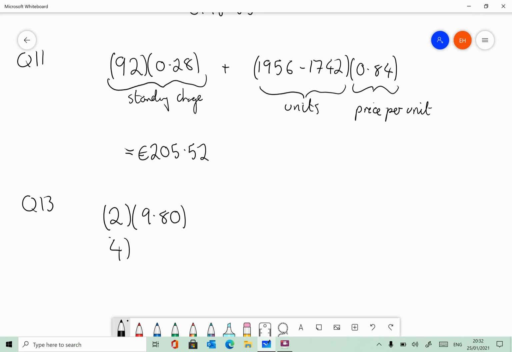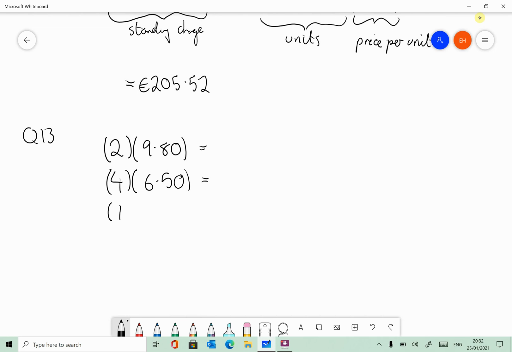Similarly, we'll have 4 times 650. We will also have 1 times 1760. And we'll have 2 times 1260.